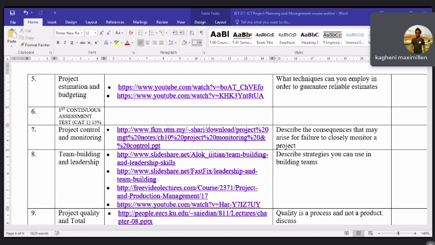Strategies should be in place for how to grow teams. All this we shall look at, and also project quality and total quality management.